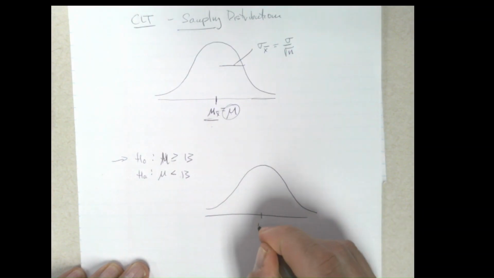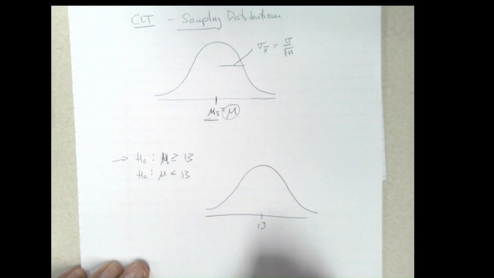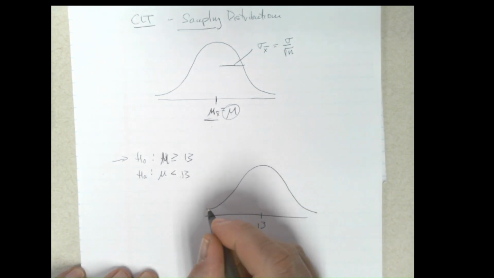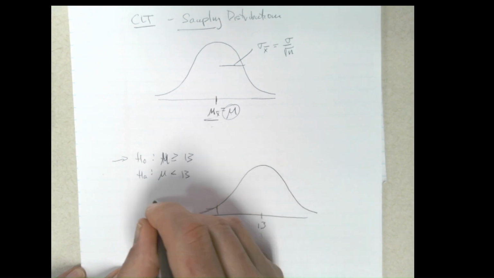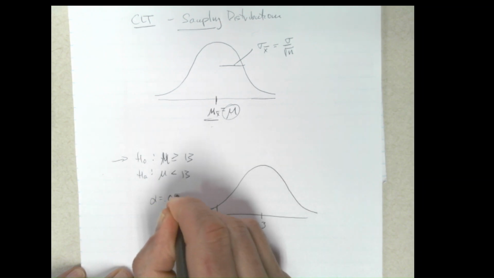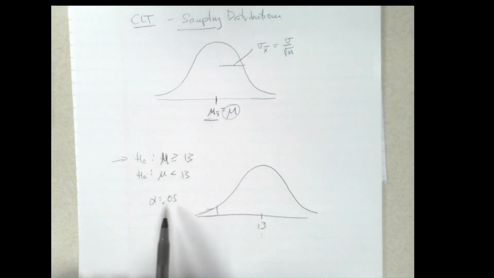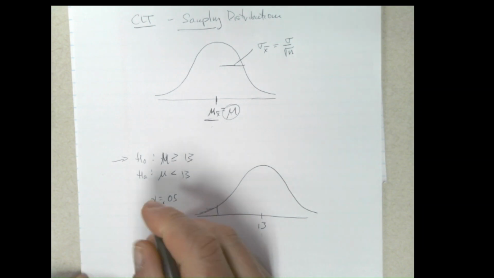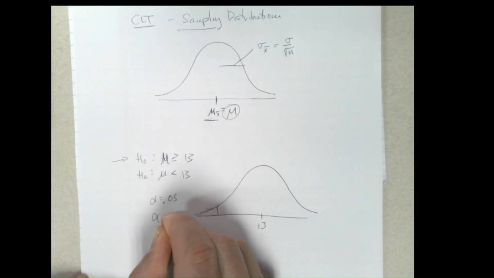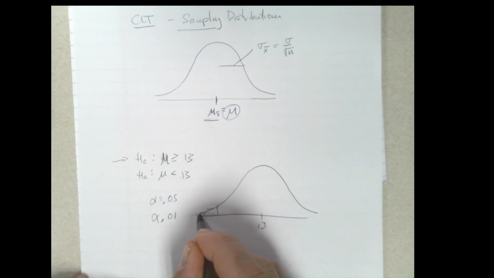And we'll say the mean is 13. And then our rejection region is down here. Let's make it a level of significance of 0.05. That means that area is 0.05. Other common ones are 0.01. Sometimes they're really small down here.